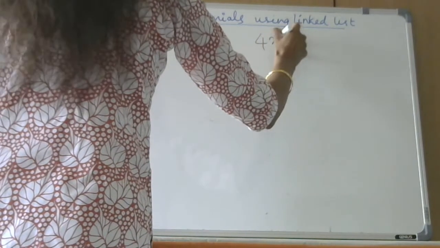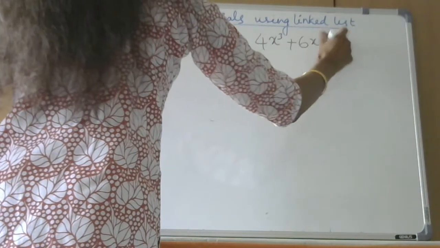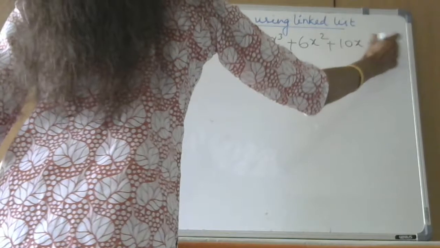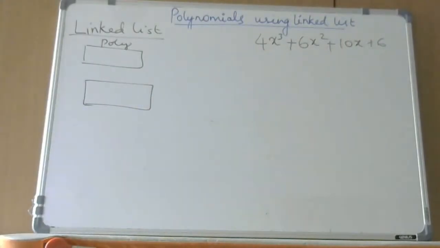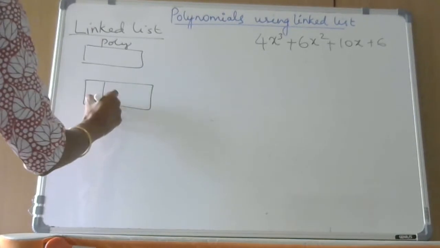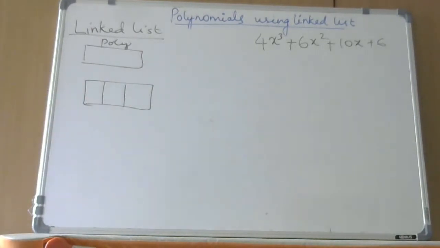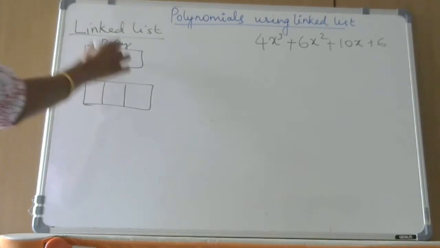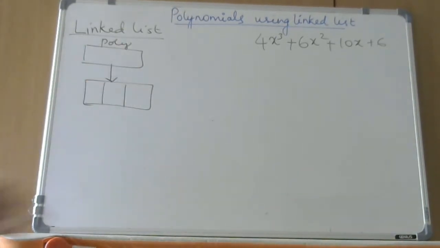Let me take a simple example of a polynomial: 4x cubed plus 6x square plus 10x plus 6, whatever. This is the example polynomial that I have taken. Now, I can take three fields in the linked list. Poly is the head, which is going to point to the first node.